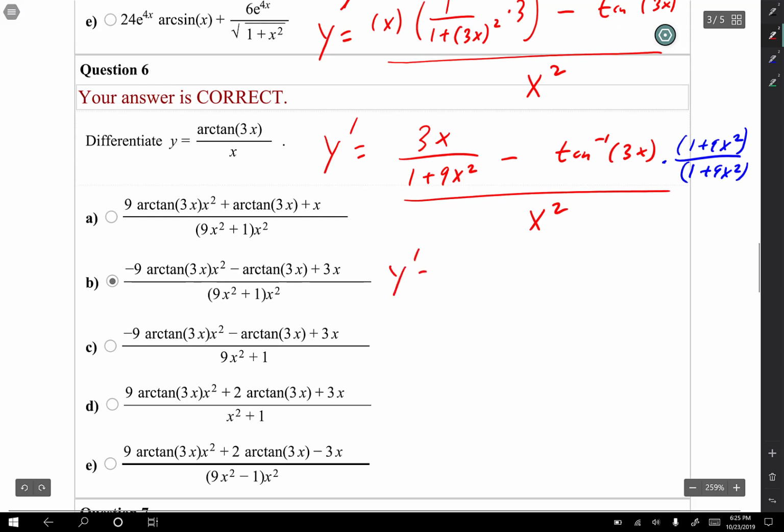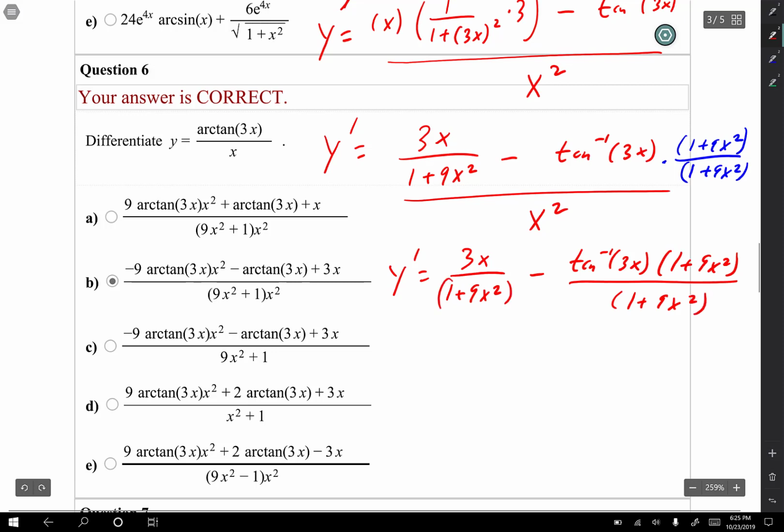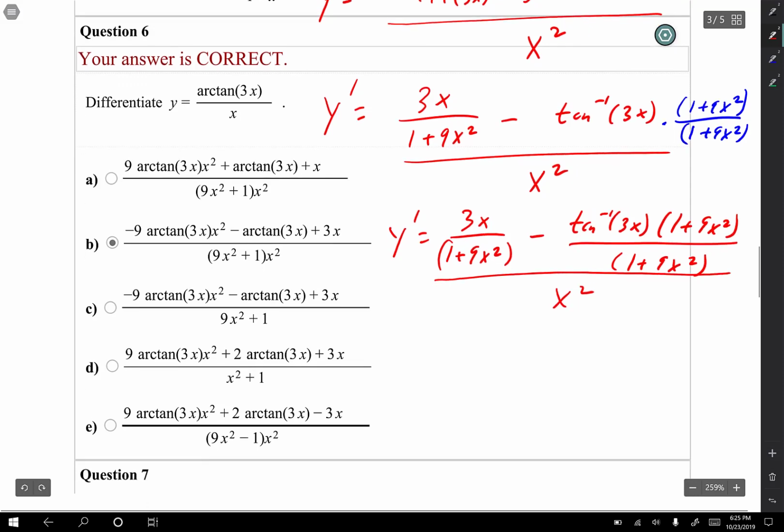y prime equals 3x over 1 plus 9x squared minus arctan of 3x times (1 plus 9x squared) over (1 plus 9x squared). If you want to put these in parentheses, that's fine. All this is over x squared. Now that I have the same common denominator, I can group them.